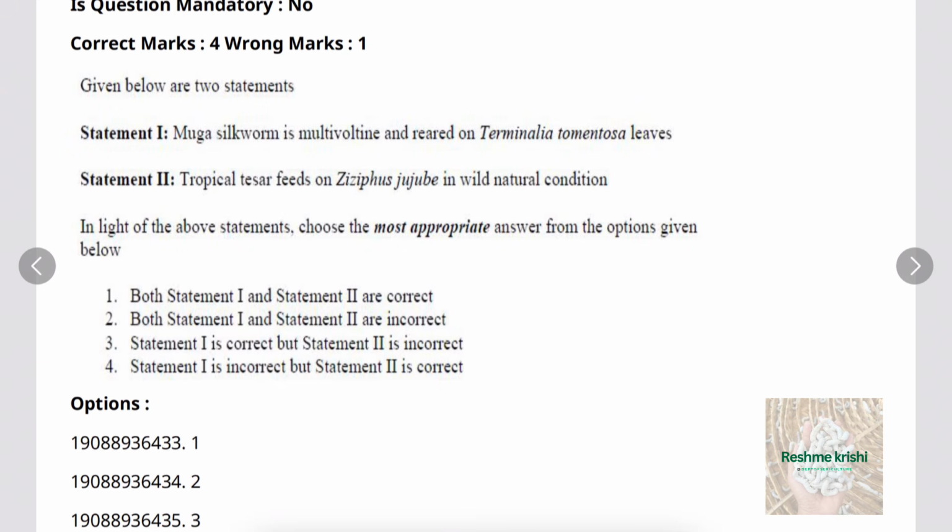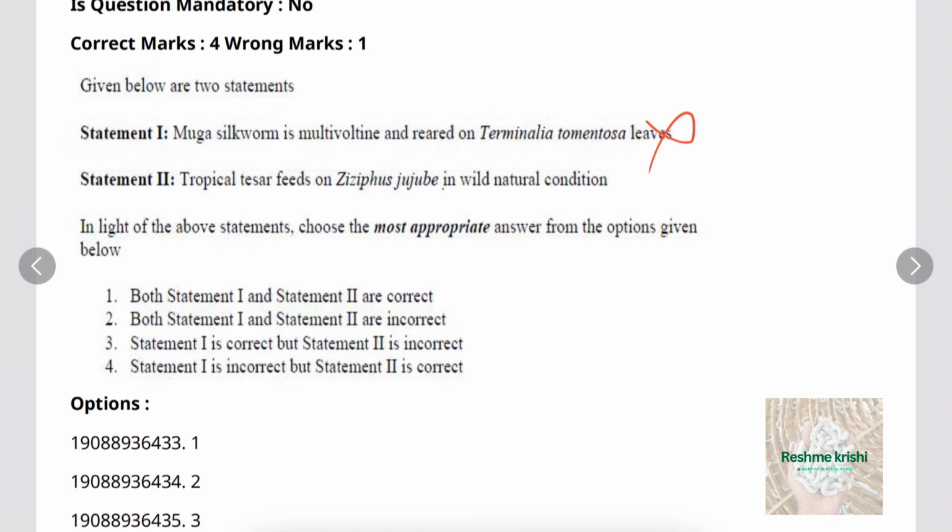Muga silkworm is multivoltine and feeds on Terminalia tomentosa leaves. Read once again. This is very much tricky. Muga silkworm is multivoltine, we know it is multivoltine. Feeds on Terminalia tomentosa? No, right? Tropical tassar feeds on Ziziphus jujuba in wild nature condition. So here both are wrong. Muga is done by Som and Soalu.